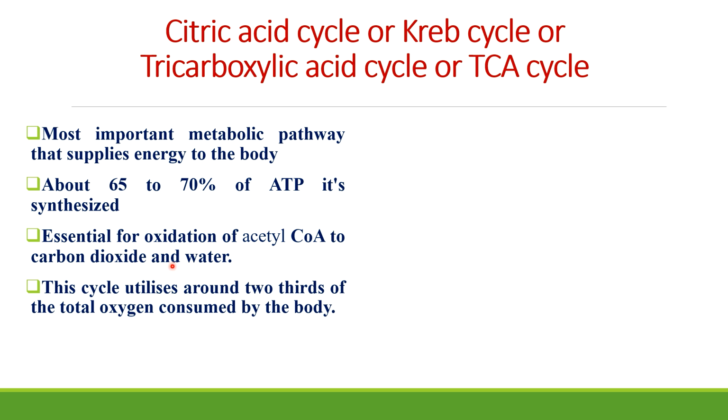This is the pathway which is very important for oxidation of acetyl-CoA to produce carbon dioxide and water. And this cycle utilizes 2/3 of the total oxygen which is consumed by the body.